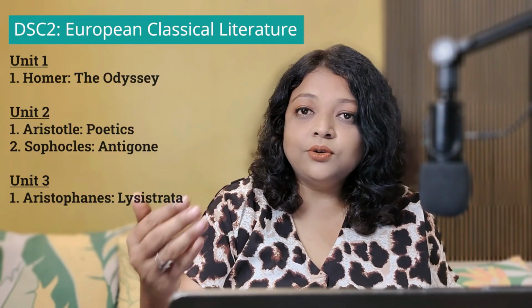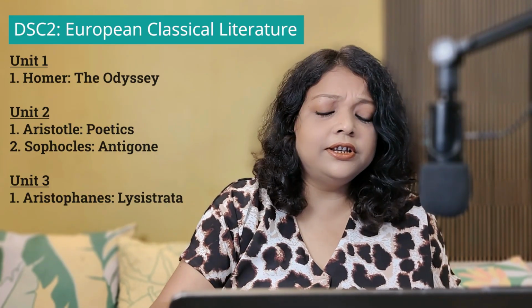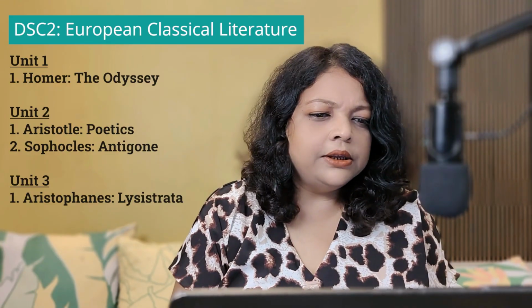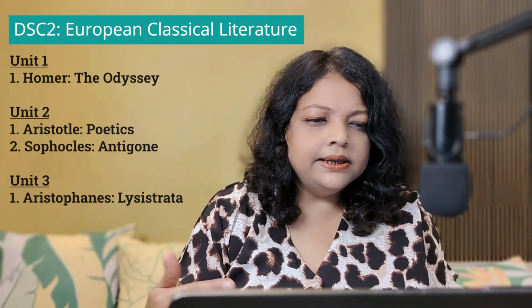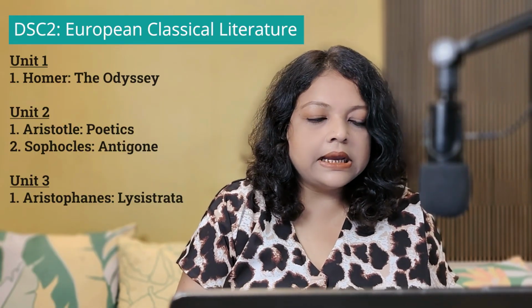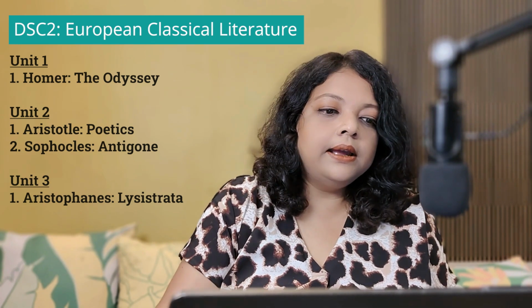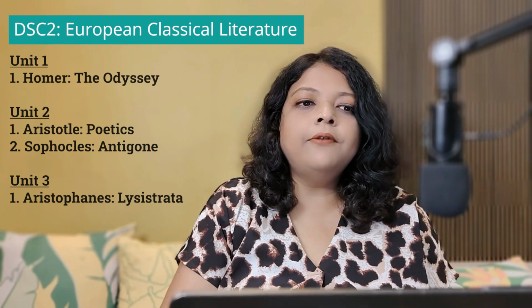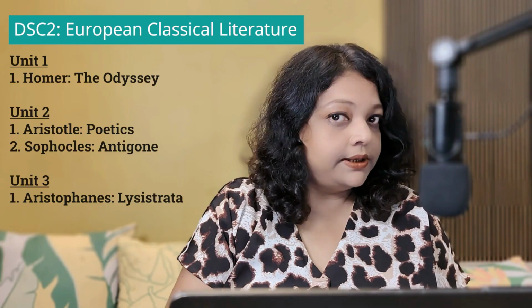Unit 3 is going to be Aristophanes' Lysistrata, and they have given a list of suggestive readings like Plato and Horace. But I don't think you will be dealing with these texts in your class even. Maybe some concepts will be discussed from Plato or Horace, and maybe your teacher will select any one of them. But mostly you have to deal with Aristotle's Poetics, okay?